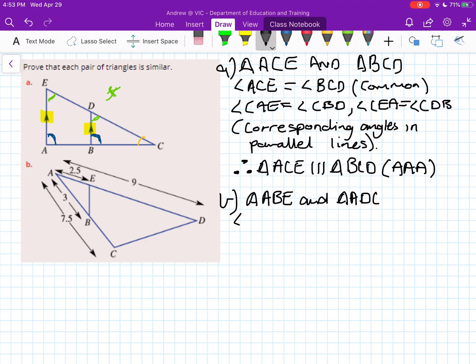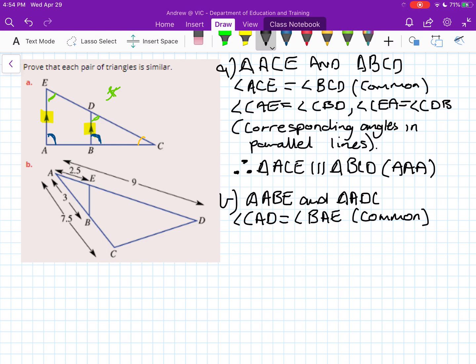So angle, sorry, I don't want to start off with A, I want that in the middle because it is angle A. So CAD of our bigger triangle is going to equal angle BAE of our smaller one. And this is because they're common. So we have that there.